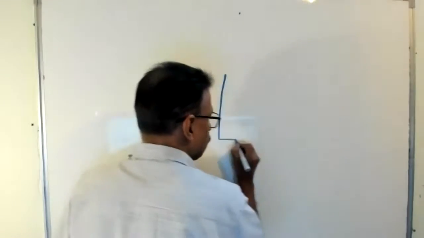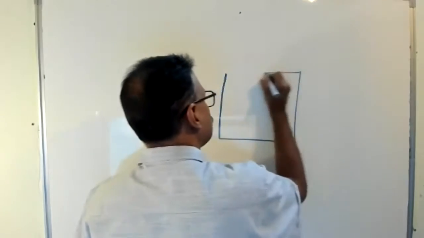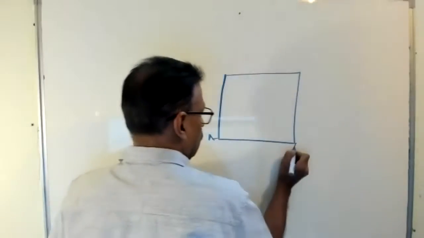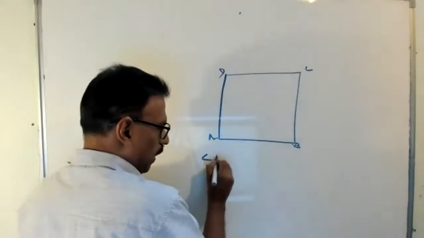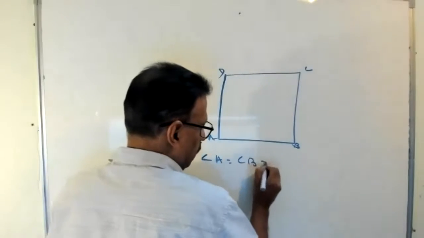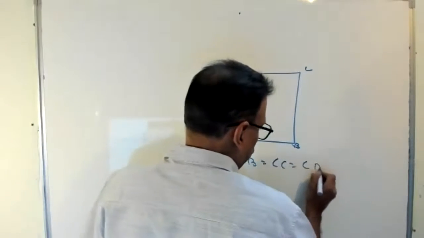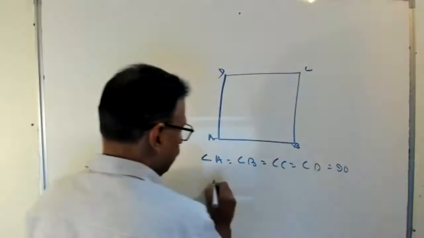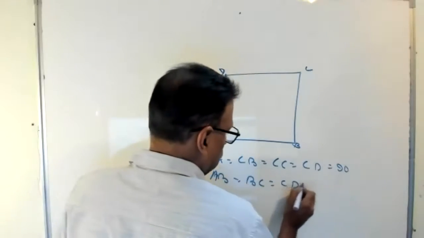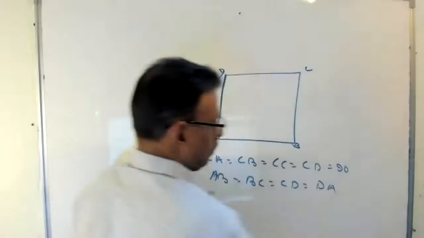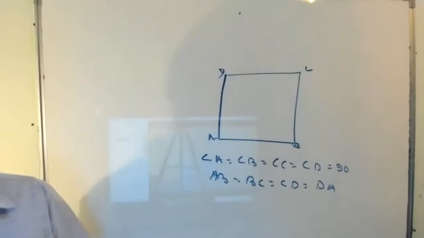Like this. ABCD is a square. Angle A equal to angle B equal to angle C equal to angle D, 90. And AB equal to BC equal to CD equal to DA. Okay, write this one.